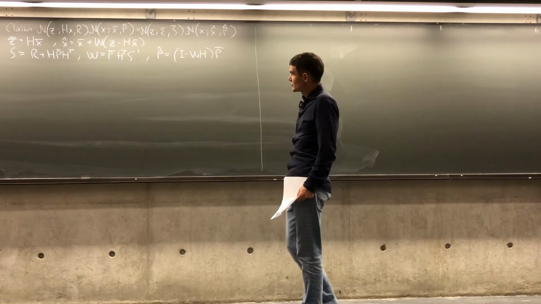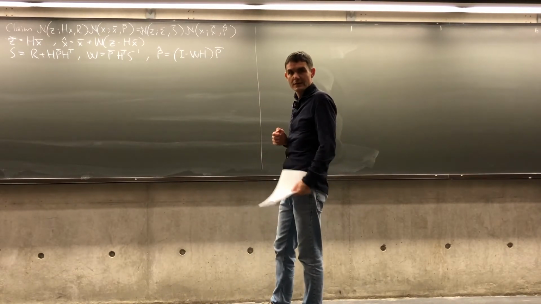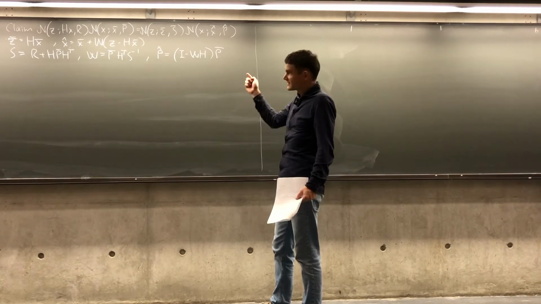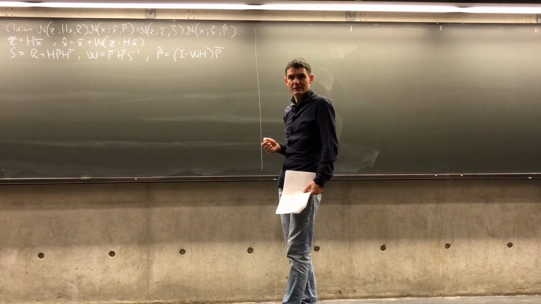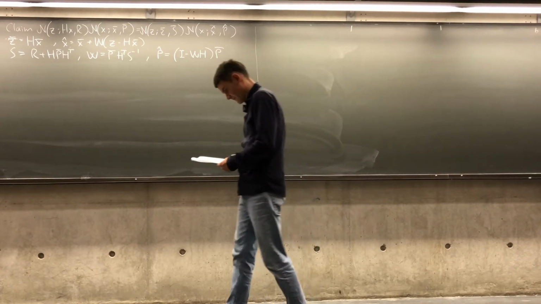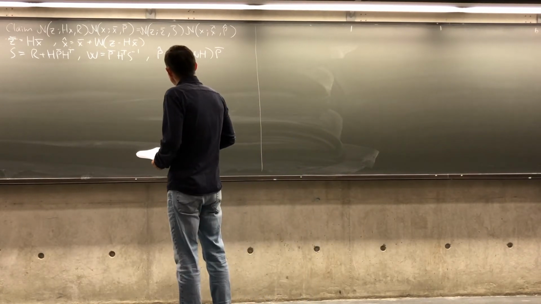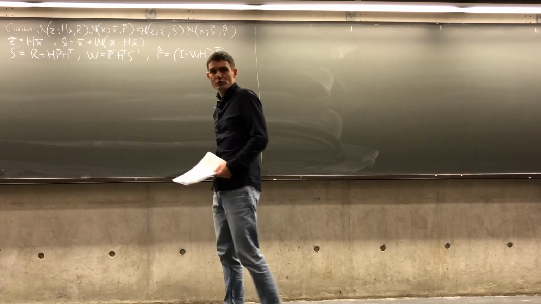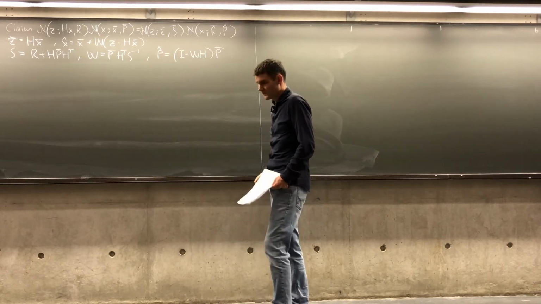And of course, most of you can probably recognize that in this you see all the things that are in the measurement update of the Kalman filter. So basically we want to prove the Kalman filter now.